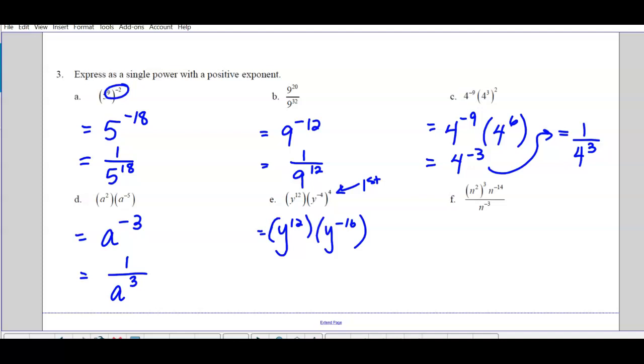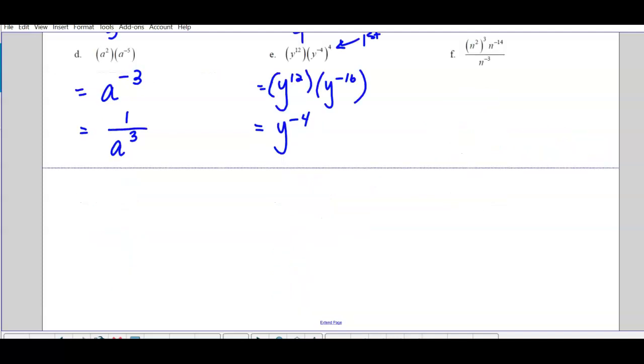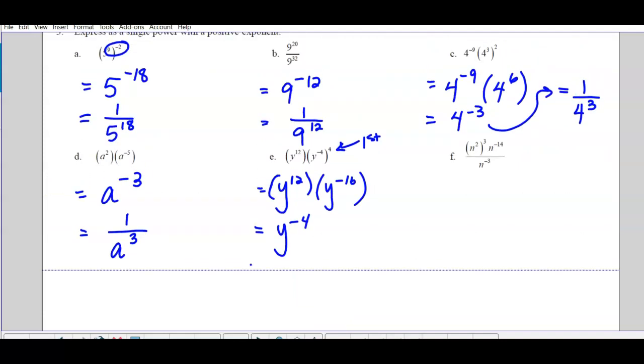So you can tell me what that is before converting to a positive exponent. What do you get when you simplify that to 1 power? Good, y to the negative 4. Okay, and then to make that a positive exponent, it's going to be 1 over y to the positive 4.